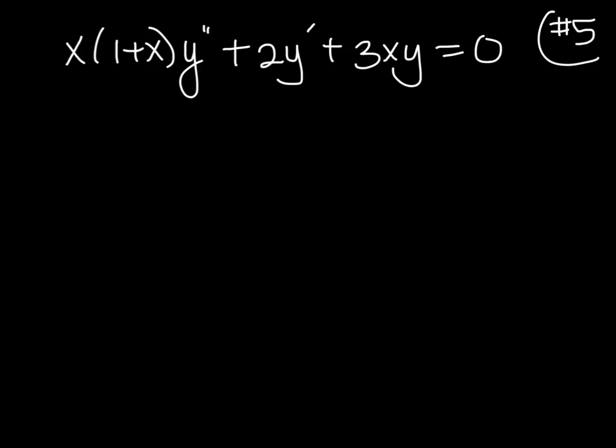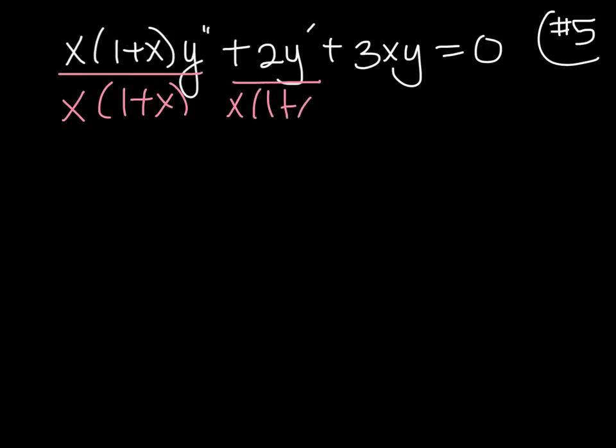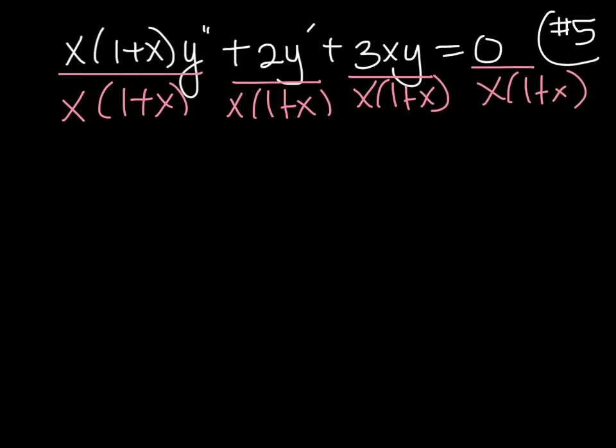So this is our given differential equation, and we want to write it in our standard form. So I'm just going to go ahead and divide by x times 1 plus x. You can write it as one whole fraction bar if you'd like. Okay, that's just going to be 0, but let's write it in.